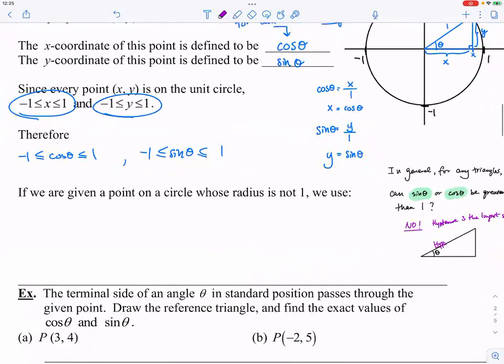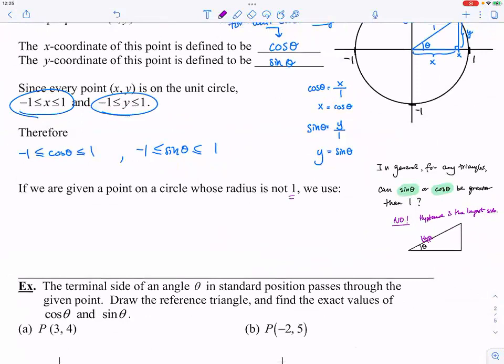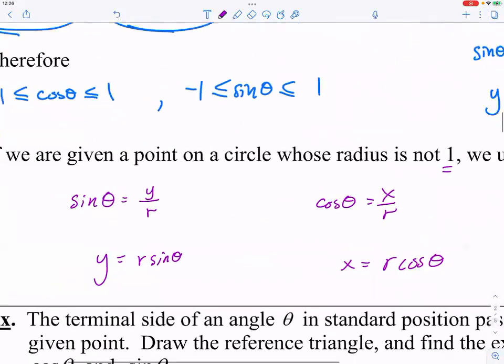Now, if you have a circle where the radius is not 1, what do we do? We say sine theta is equal to y over r, meaning the radius, and so y is equal to r sine theta. And cosine theta is equal to x over r, so x is equal to r cosine theta.